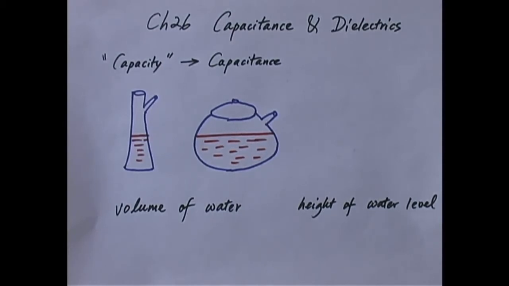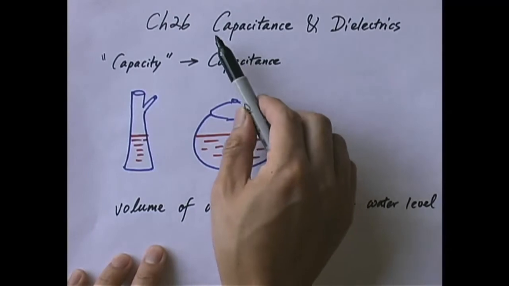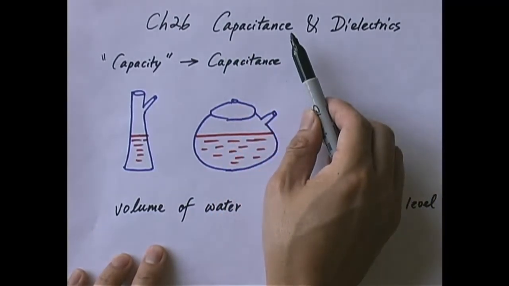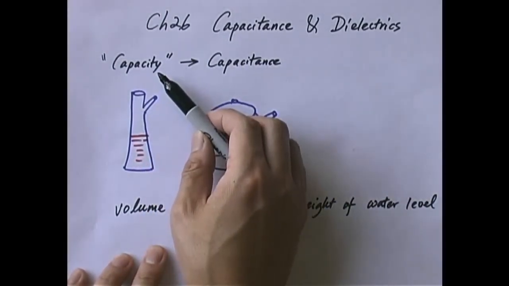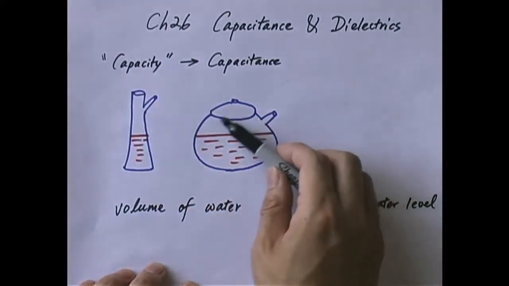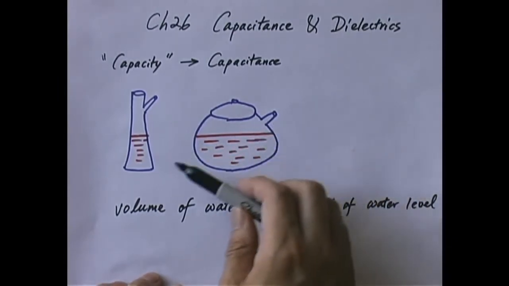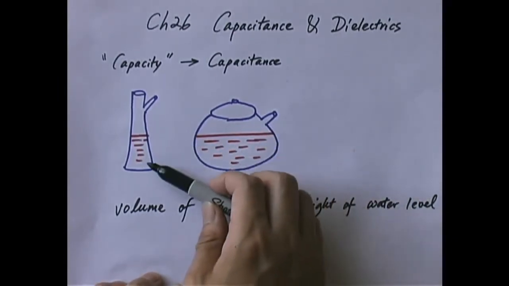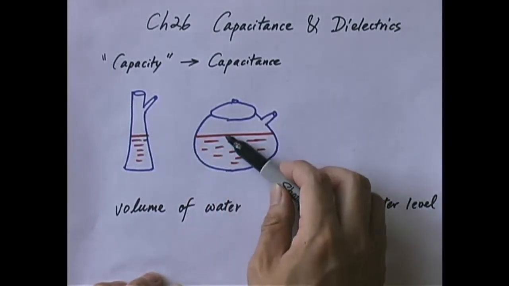And when it comes to storing charge on a conductor, a common concept we have to deal with is so-called capacitance. So what is capacitance? Well, this word comes from the word capacity. For example, if you have two containers, both of which you can store some water into, for each of them, as I pour more water into them, the water level will rise, right?